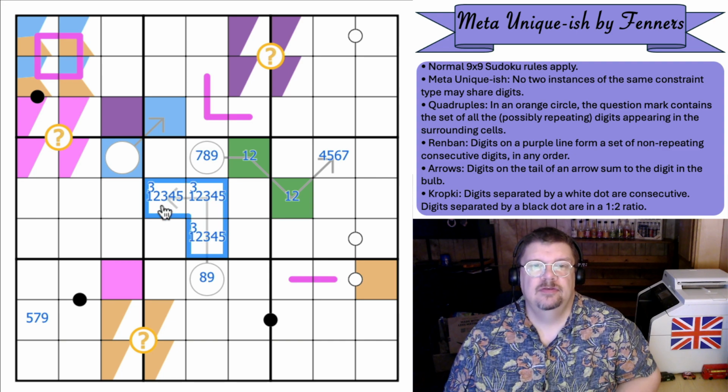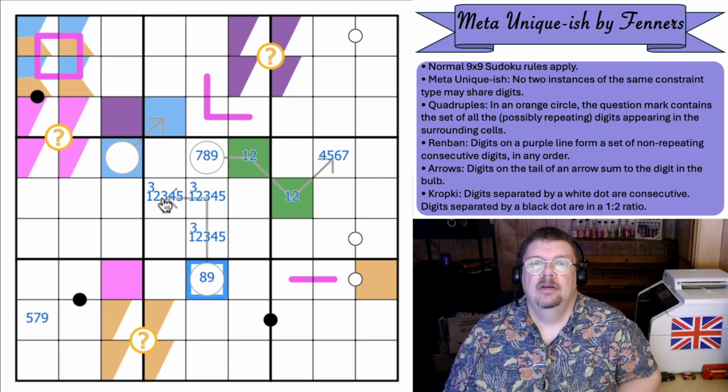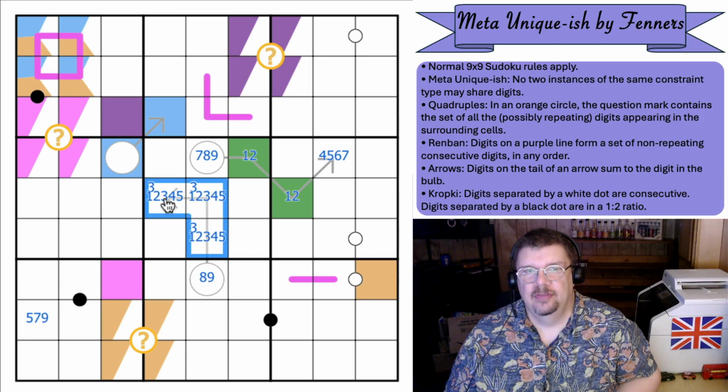If this is 2, 3, 4 to make 9, then obviously 4 is used, and then 4 is not on this arrow. So 4 isn't on this arrow if it's 1, 3, 5. But if this is 1, 3, 5, that makes these two a 2 each, which is 4.